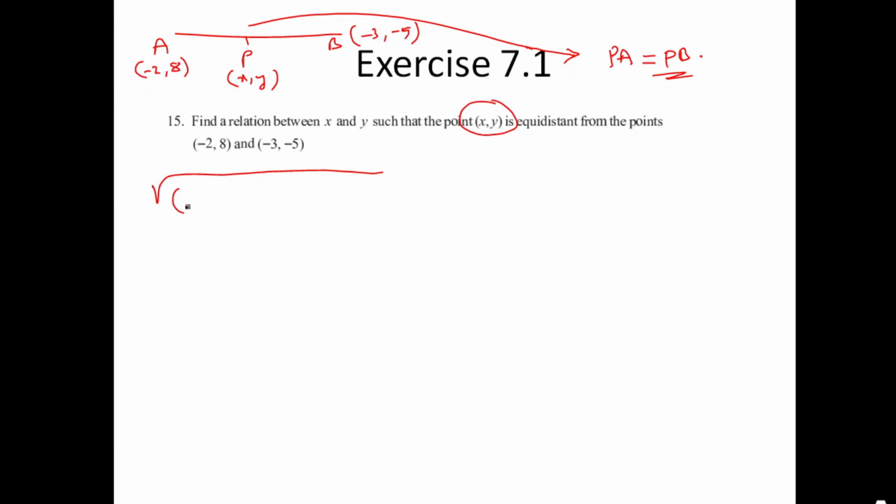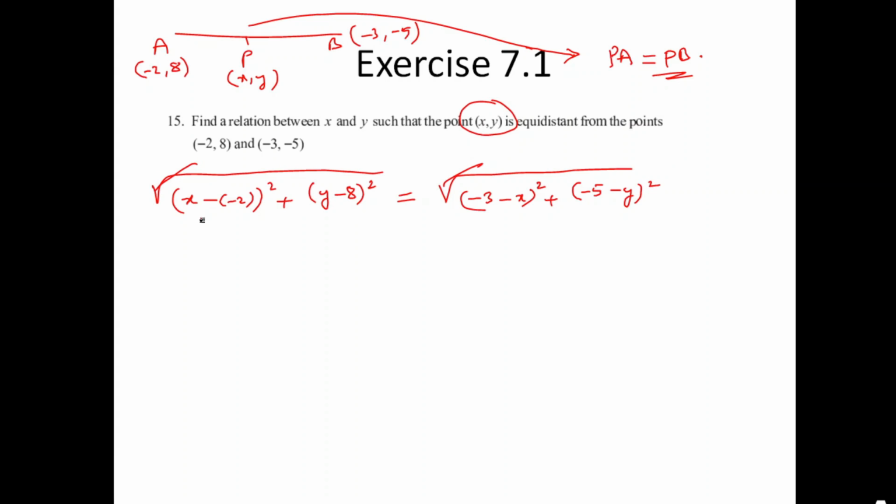I am taking x2 minus x1 to the whole square plus y2 minus y1 to the whole square equivalent to, now this is your value, minus 3 minus x to the whole square plus minus 5 minus y to the whole square. See, the roots are being removed directly.